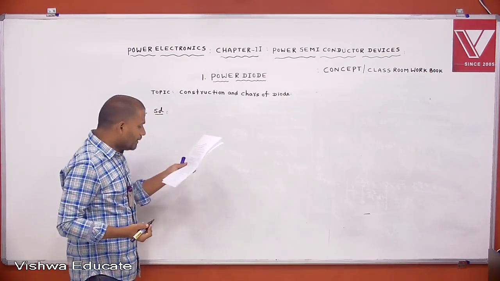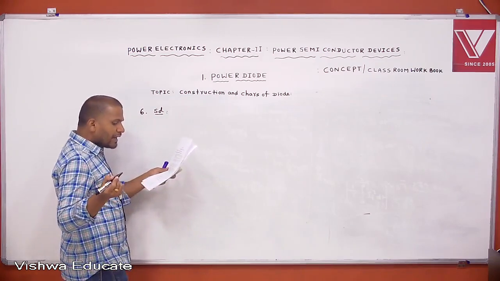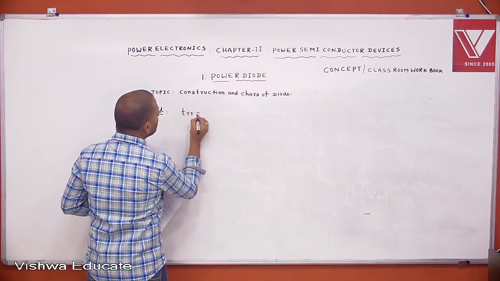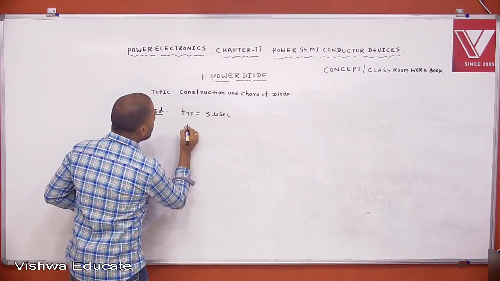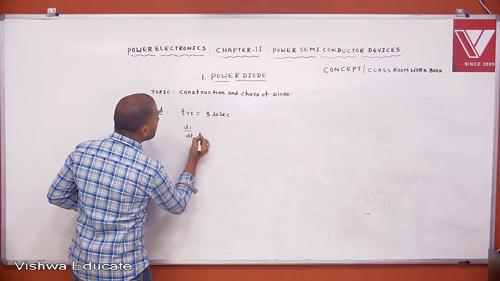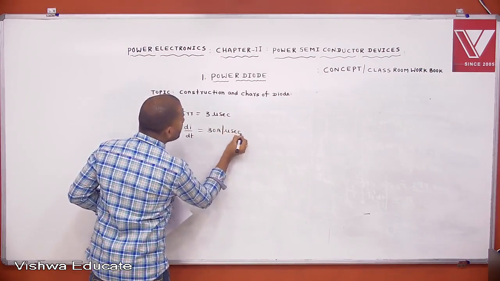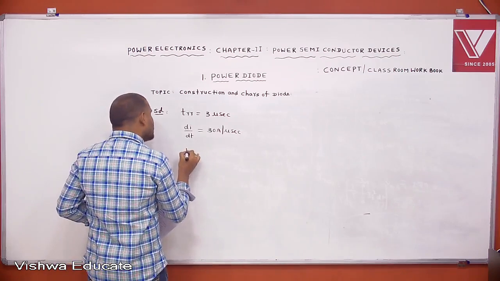Okay, then what is the solution for this problem? A diode reverse recovery time is 3 microseconds, TRR equal to 3 microseconds. Then di by dt is 30 amperes per microsecond.